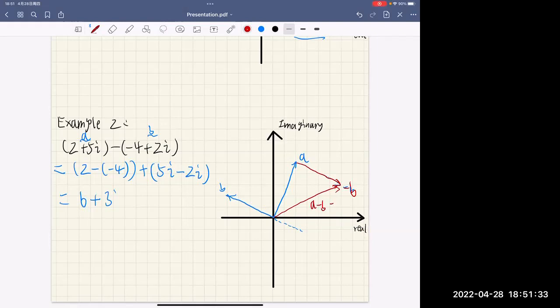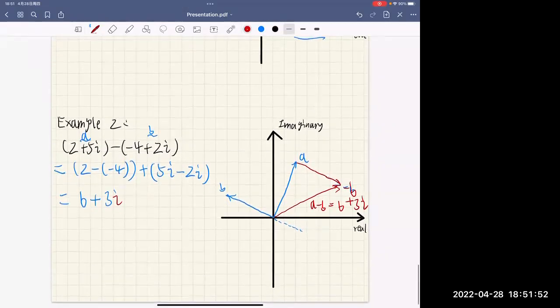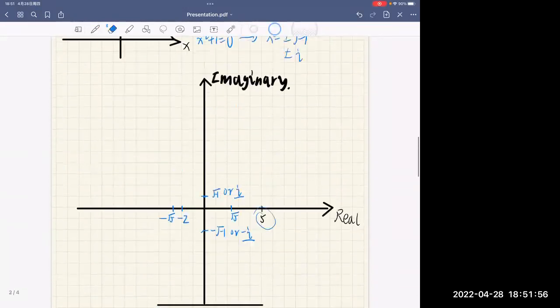A minus B, and this equals to 6, 1, 2, 3, 4, 5, 6 plus 3i. 6 plus 3i, which is the same as our answer. Okay, so that is my lesson today for the introduction of complex numbers. And I hope you enjoyed it.